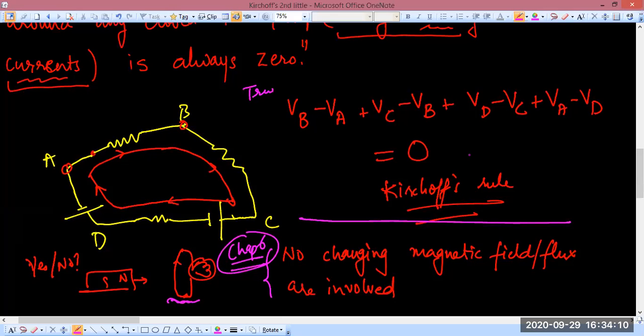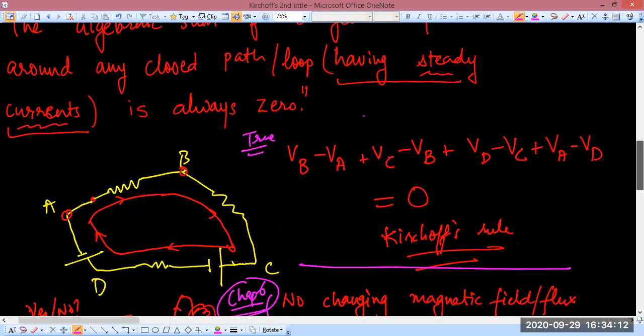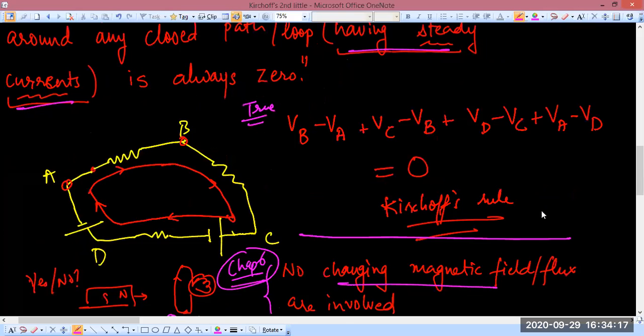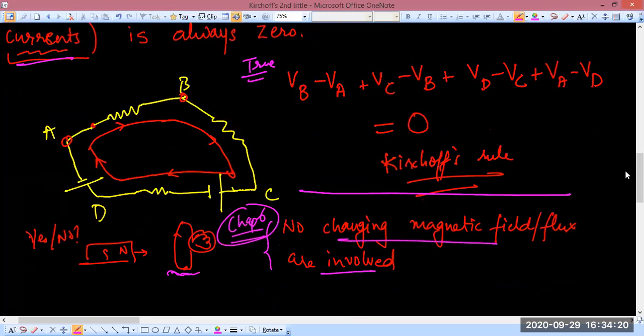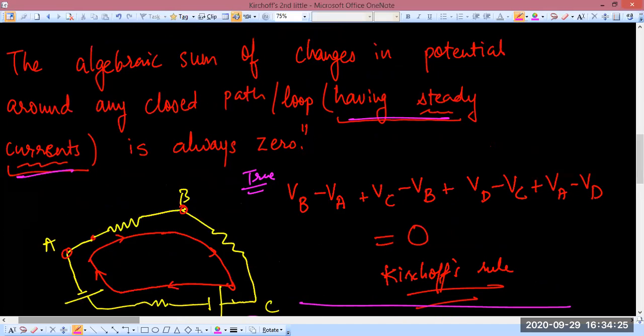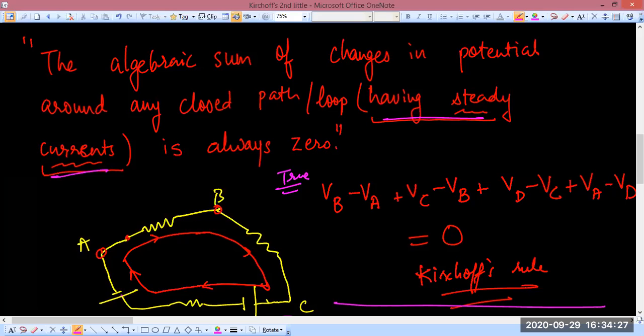So that's why I said whenever there are steady currents, and there are no changing magnetic fields or flux, this Kirchhoff rule is correct. So right now we will assume that it is correct always. Exceptions will come in the 6th chapter, we'll see then. So don't doubt the validity of this rule right now. This is true, but you should know the condition. In what condition, I've already told you.